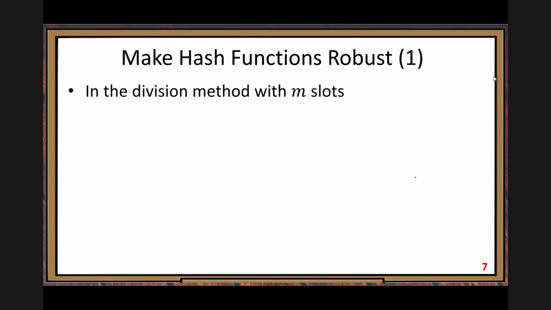In the division method with n slots, let's look at our first example. We want to look at this number n, because our previous hash function is mod n. So this n is important here. Let's think about n equals 15 in our first example.